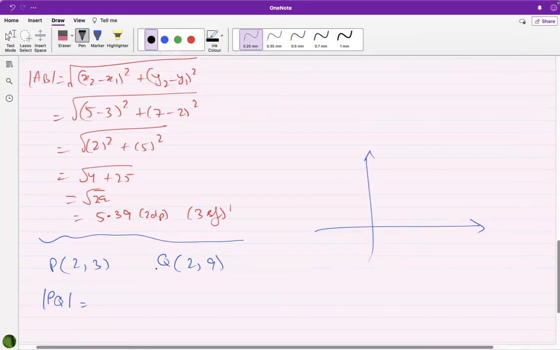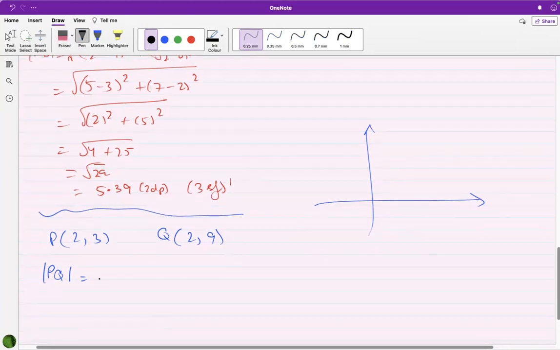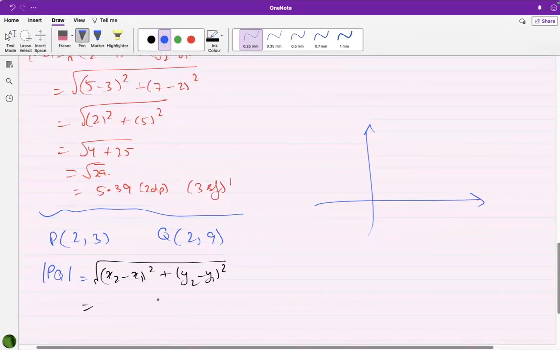You should have done this without formula, but just to show you, I'll just solve it and show you how to do without formula. This was the square root of x2 minus x1 whole squared plus y2 minus y1 whole squared. So second x is 2, first x is 2.